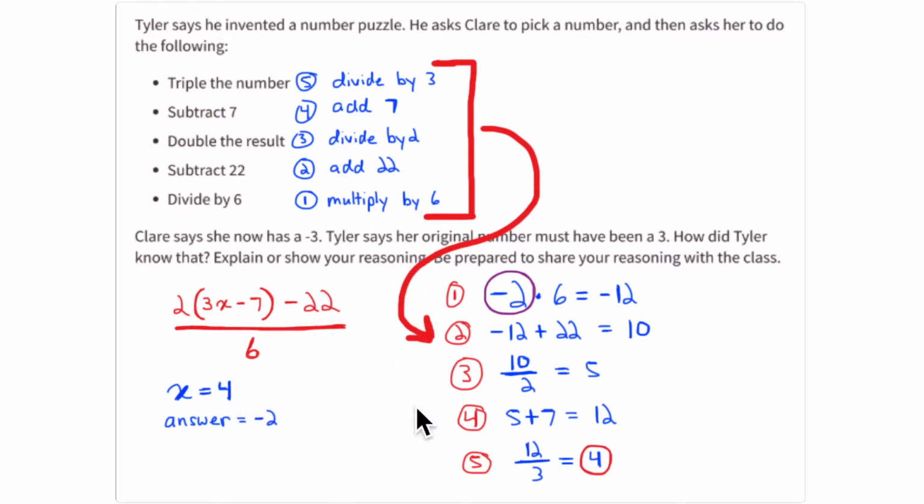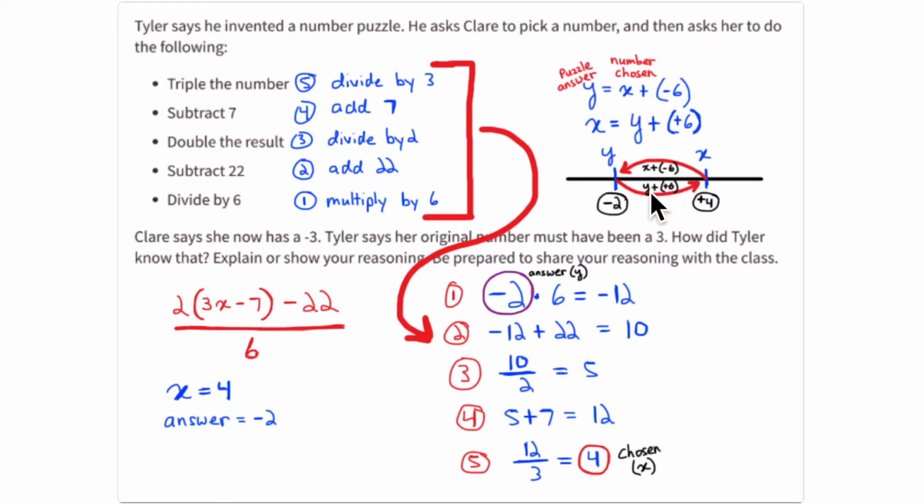I'm going to work with this in more detail because this is confusing stuff, and one of the reasons it's a puzzle is it's hard to keep track of the language, and you have to practice. So a picture of this: the puzzle answer is 6 less than the number chosen. This is the answer. That's 6 less than the number chosen. So take the number chosen, add negative 6 to it, and you're going to get to the answer.